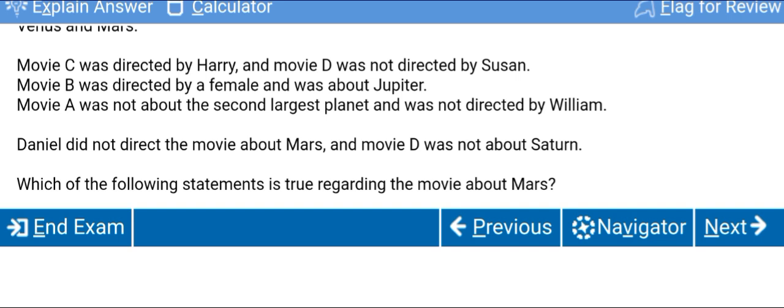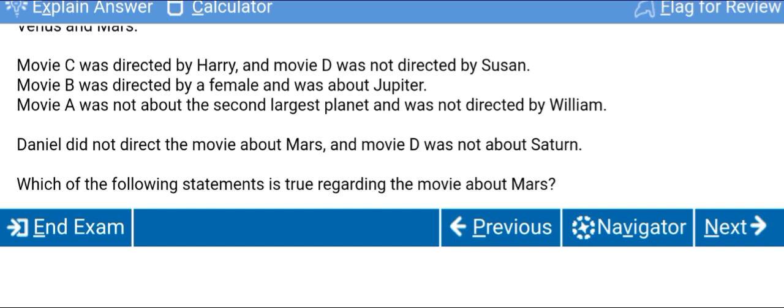Movie C was directed by Harry, and movie D was not directed by Susan. Movie B was directed by a female and was about Jupiter.